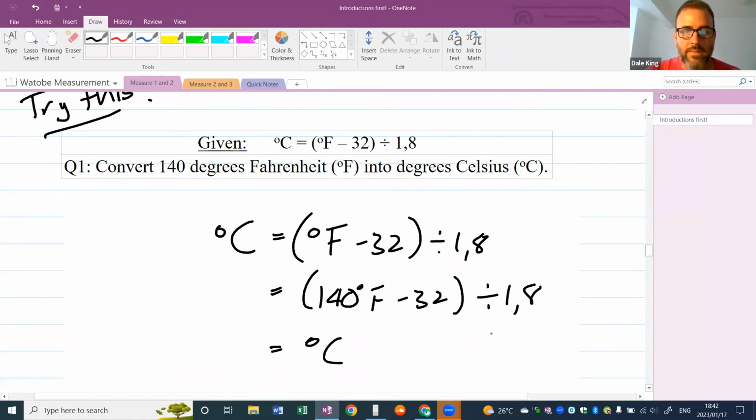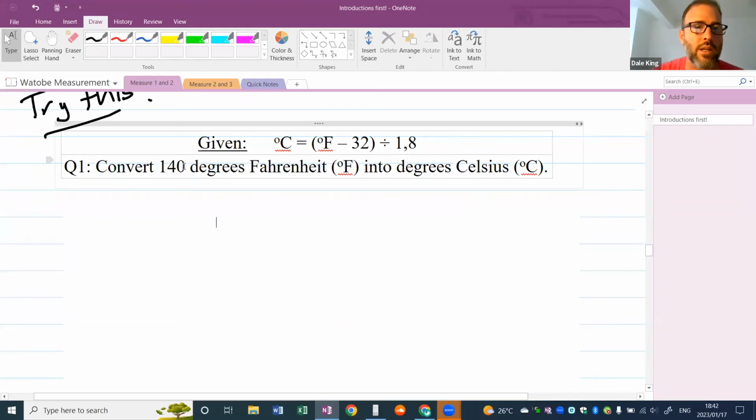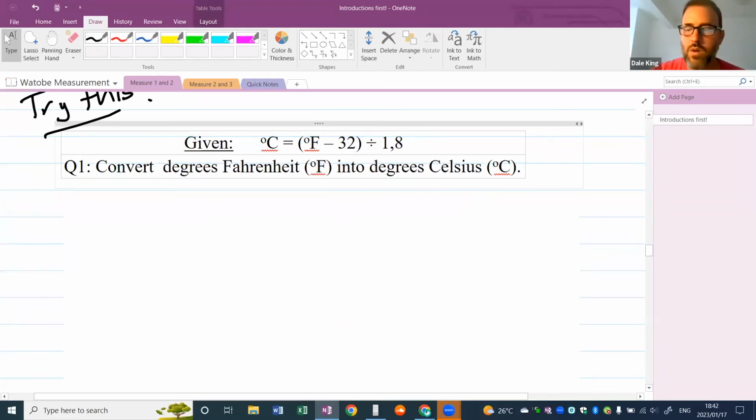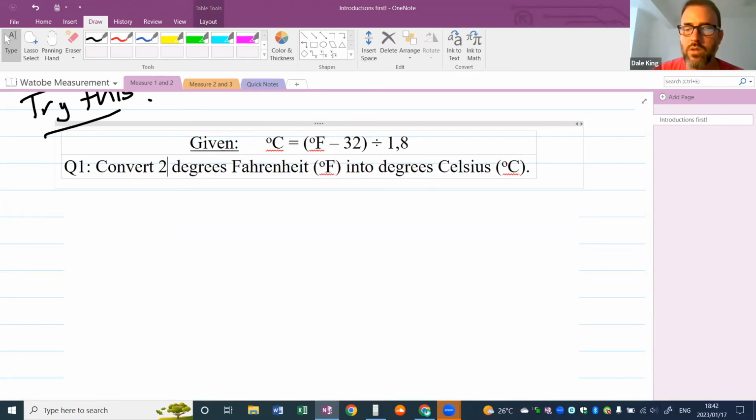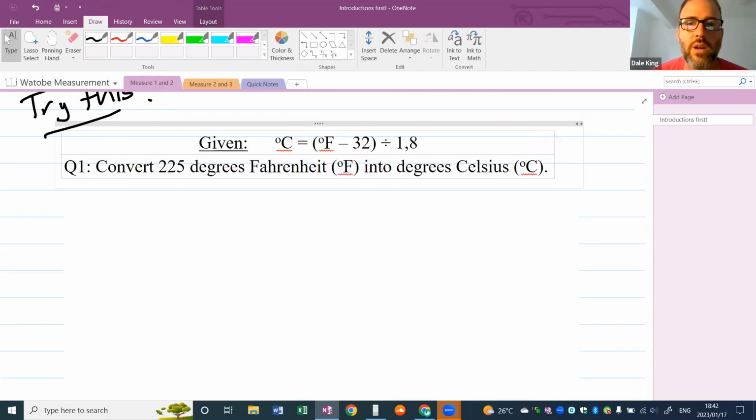All right. Now, I'm going to do a quick example here. All I'm going to do is ask you to say, what is 225 degrees Fahrenheit in degrees Celsius? All right, let's see in the chat who can give us the answer for 225 degrees Fahrenheit, converting it to degrees Celsius.